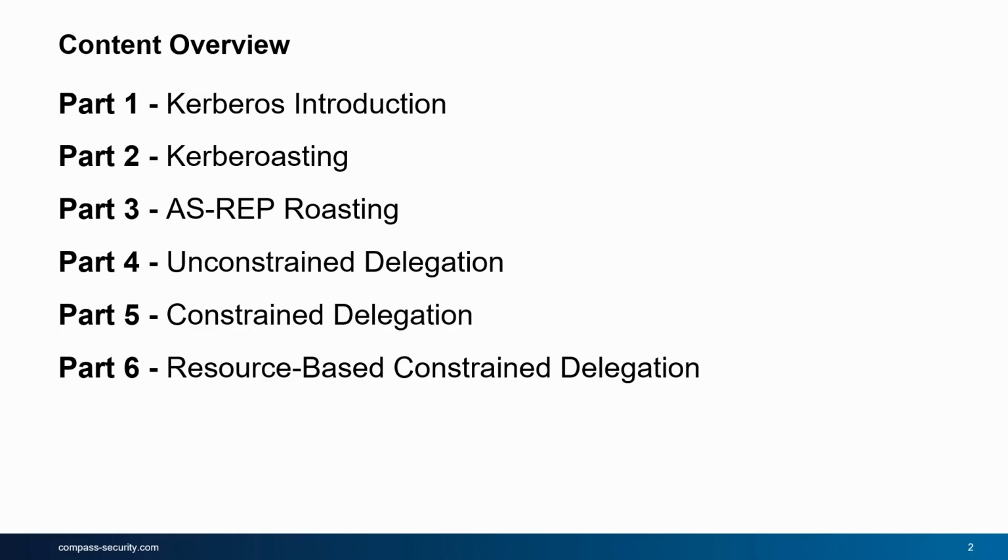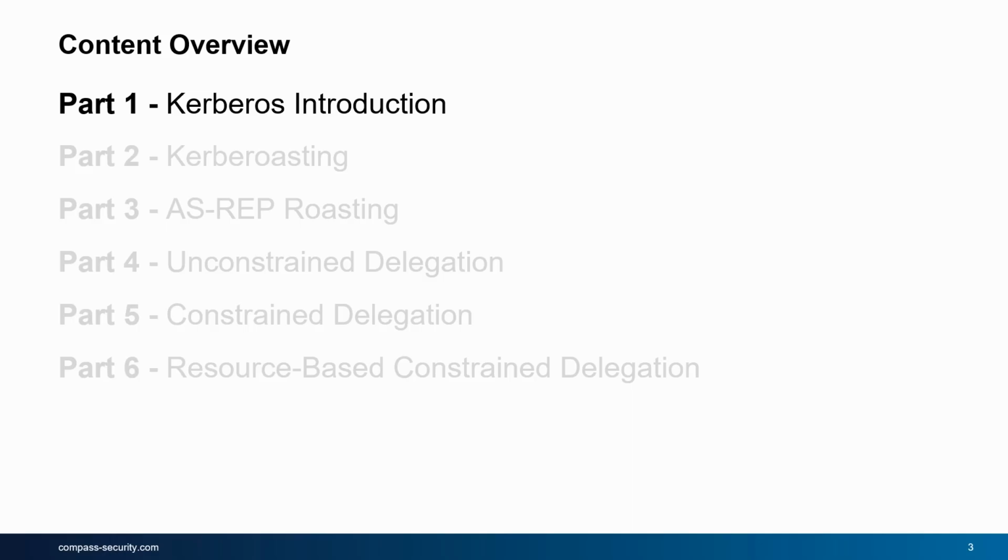And in part 4 through 6, we talk about the various delegation features in Kerberos, how they work, how they can be abused, and how you can secure them accordingly. So without further ado, let's start with the Kerberos introduction.